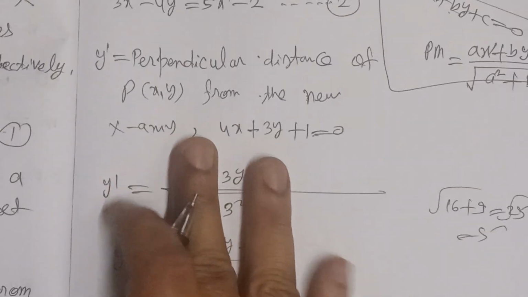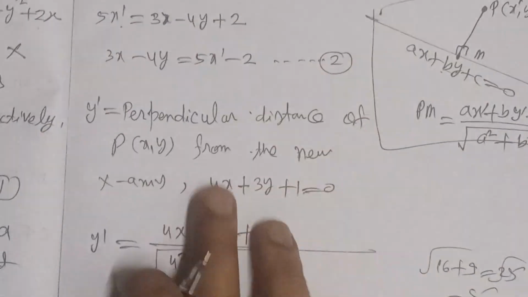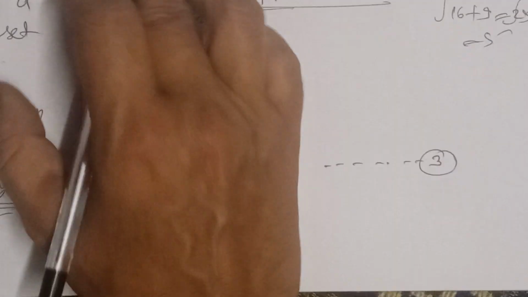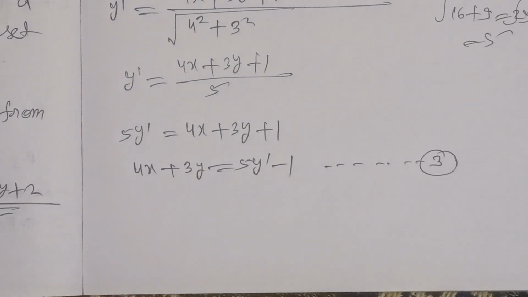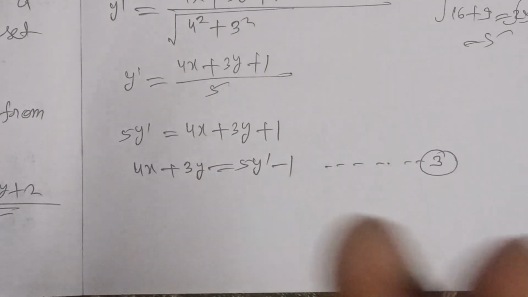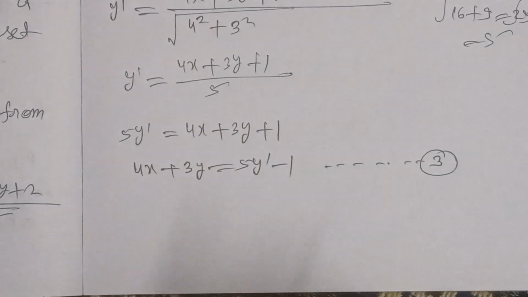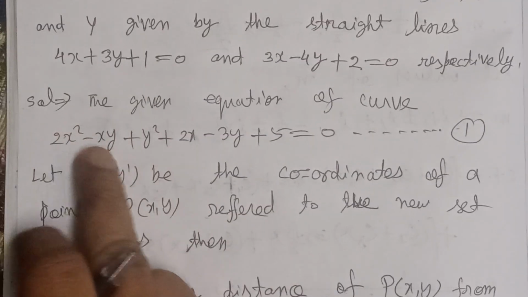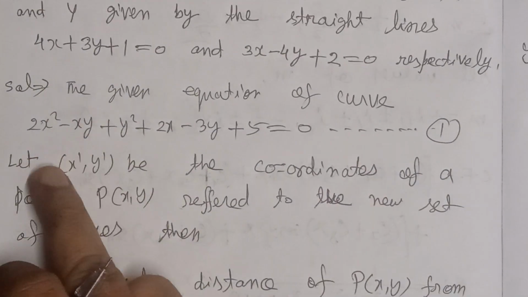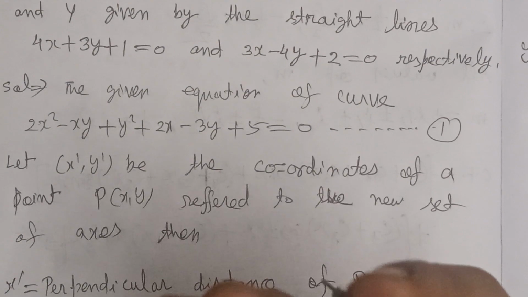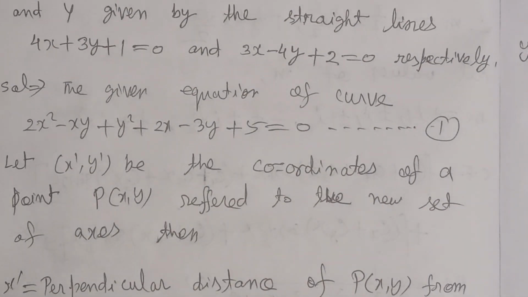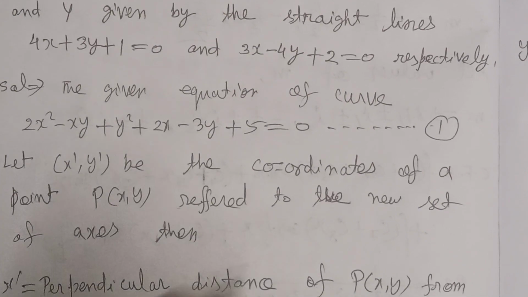Now we have two equations, number 2 and number 3. By solving equations 2 and 3 for x and y, we get the values of the unknowns x and y in terms of x dash, y dash. And if we put these values in this equation, we get the transformed equation in the new coordinate system, which is our problem to find.